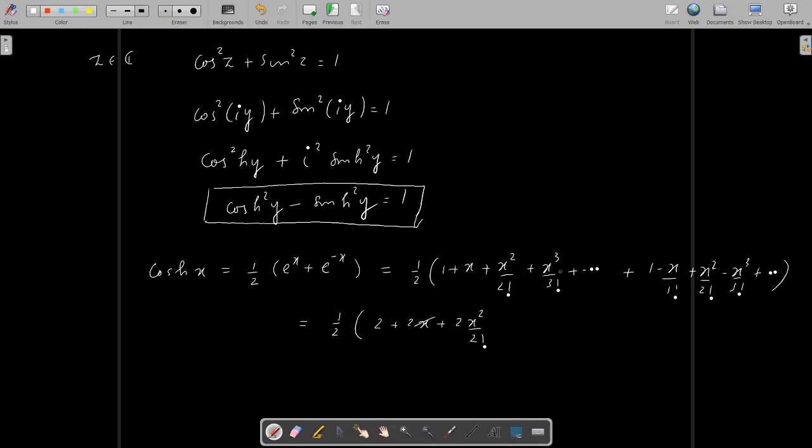Then you can cancel this x cube by 3 factorial and minus x cube by 3 factorial. Then you have 2 times x raised to 4 by 4 factorial plus etc.